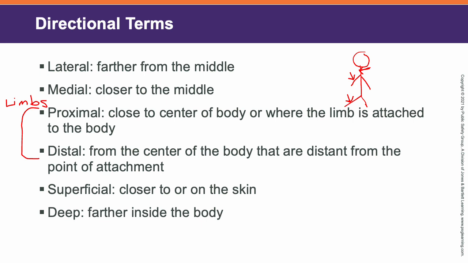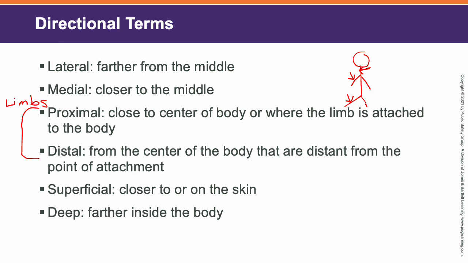So, for example, if I'm talking about my arm and I have something wrong with my wrist, I would say that the injury is on the proximal end of my forearm, or excuse me, distal end of my forearm. Proximal is closer to the body, where the body attaches. Distal is further away from where the body attaches to the limb, okay?